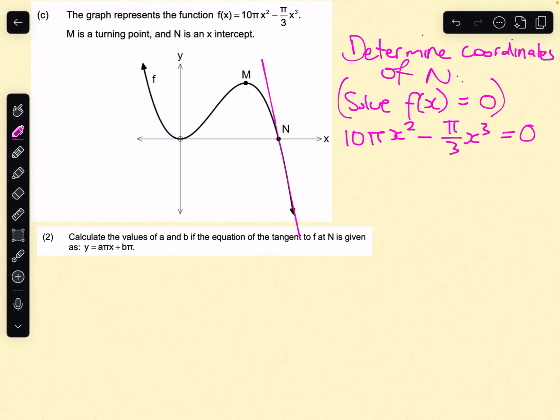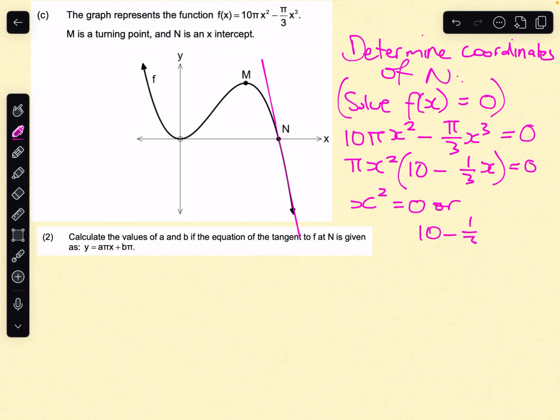So I'm going to factor out the common pi x squared, and I'm going to be left with 10 here, and here I'll be left with a third of x. So then either x squared is equal to 0 or 10 minus a third x is equal to 0.